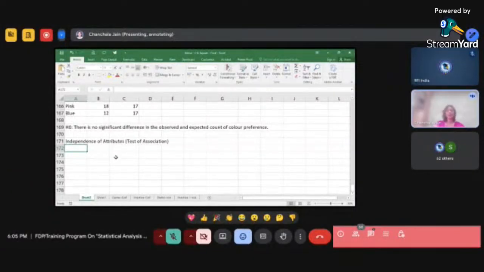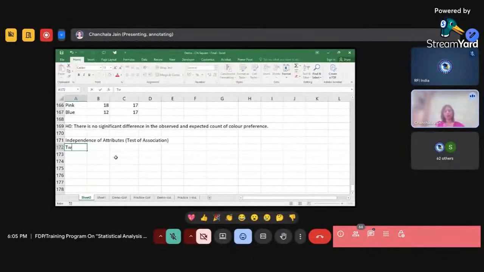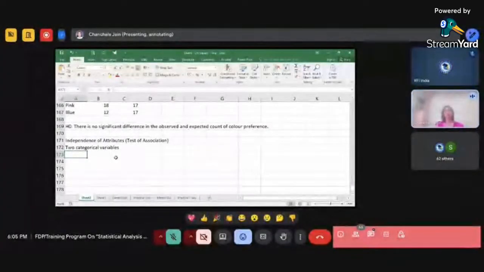That means here I need to have 2 categorical variables, and I want to see whether they have any association or are independent of each other.